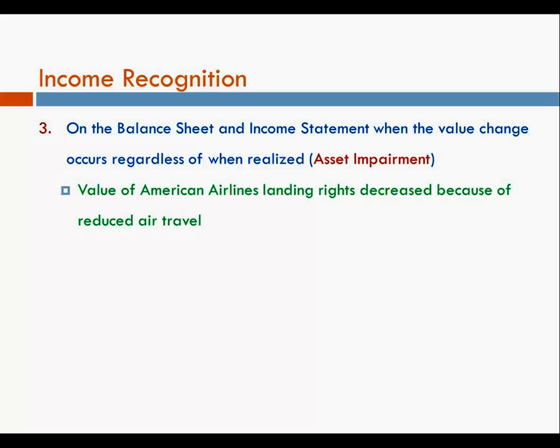You would then take the loss, even though it's not truly realized. You take the loss on the income statement and the balance sheet would be affected, even though there's no actual cash changing hands. So that would be a situation where your income statement and your balance sheet change even though there was no realized change. That's an asset impairment. Okay?